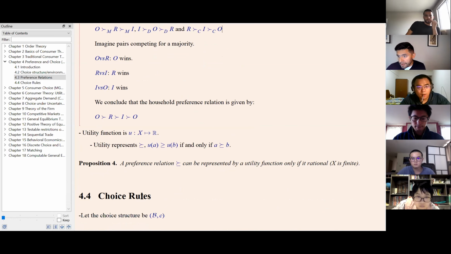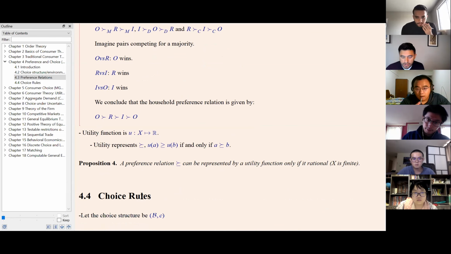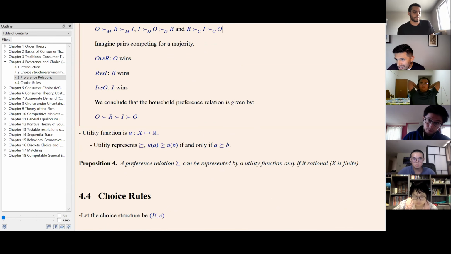So don't despair, okay? And now I'm going to give you just this proposition that we proved in the summer, and I'm not going to prove it again, and you can check the notes if you need to, that a preference relation that is rational, transitive and complete, can be represented by a utility function, and only if it's rational. So remember, the key idea was that if you are not complete, you actually cannot have a unique utility, up to monotone transformations, that represents the binary relation, right?